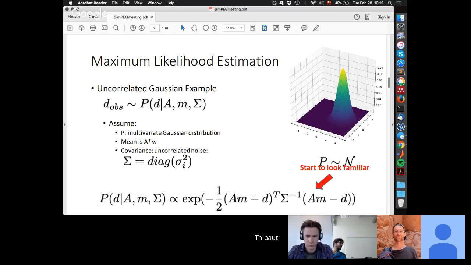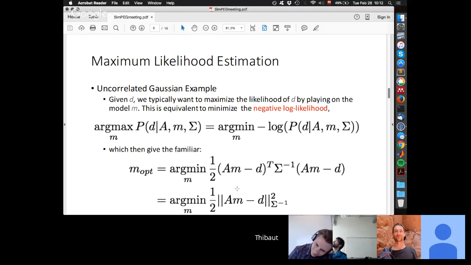Does that start to look familiar at some point? Yes. As I said before, we want to find the model M that maximizes the probability to get this data. So I'm looking for the argmax over M of this probability.